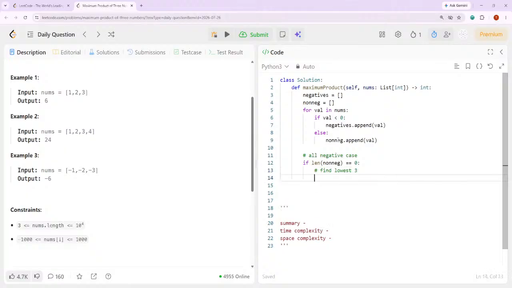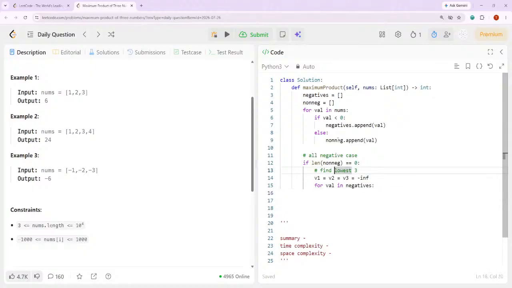I'm gonna assume the lowest is, let's say V1 is the lowest. V2 and V3 are all equal to negative infinity, I want to say. And then for every value in the negatives array, which is currently the only array of values here, I want to get the highest one.